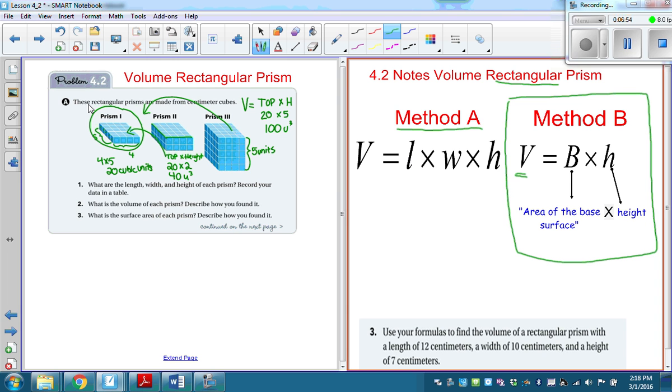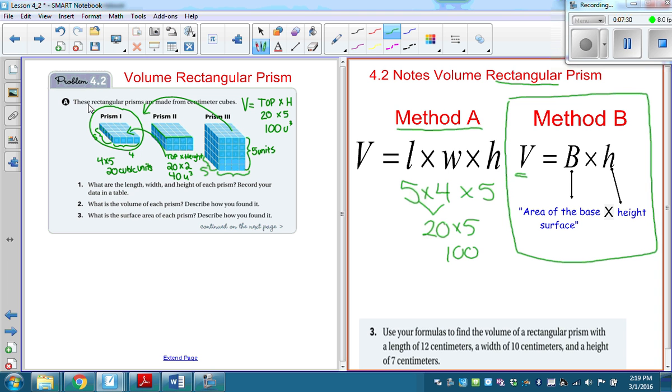So if I used method A and did Prism 3 again, the length here is 5, and the width here, can you guys see that? 4, and the height is 5. So the other way to do that, I think that's probably what you learned last year.